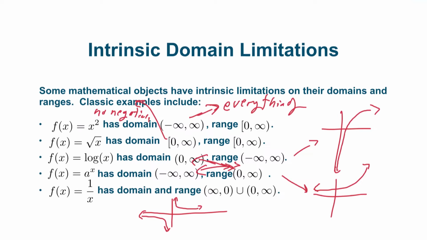Well, dividing by 0 is a big problem. And here I have 1 over x. So when x is equal to 0, I'm dividing by 0. Catastrophe. So I have to exclude that point from the domain. And for basically the same reason, 0 is also not in the range. So I'll say can't divide by 0. And that's what causes these restrictions.